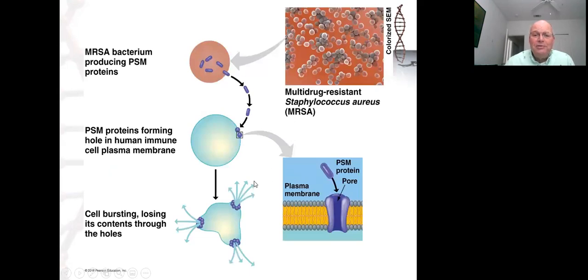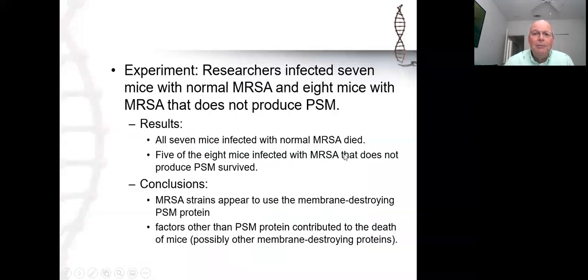So it turns out that MRSA is just as deadly to mice as it is to humans. So the experimentation was done in mice, and mice were infected with both normal MRSA that makes PSM and one of these quote unquote less deadly versions of MRSA that doesn't make PSM.